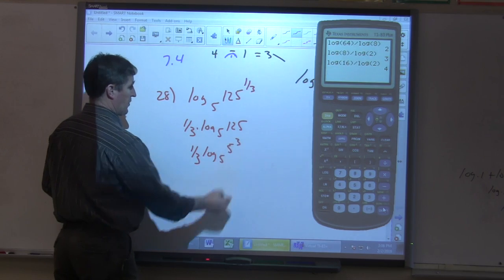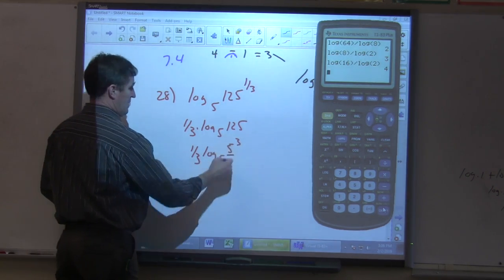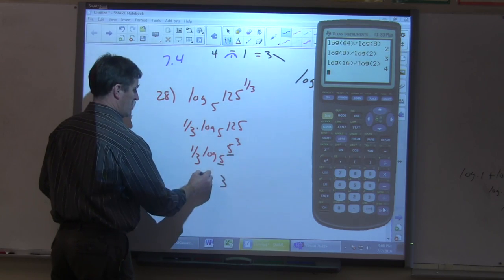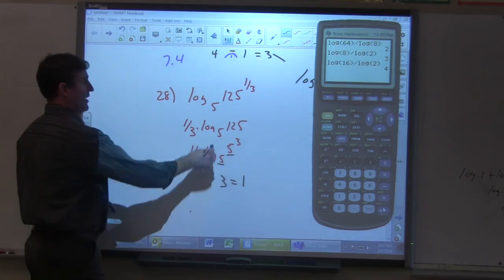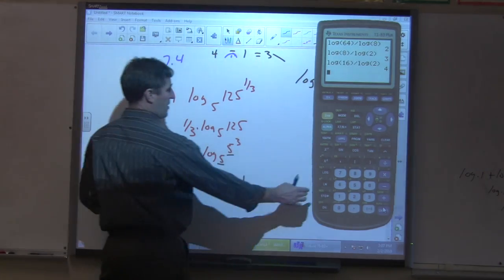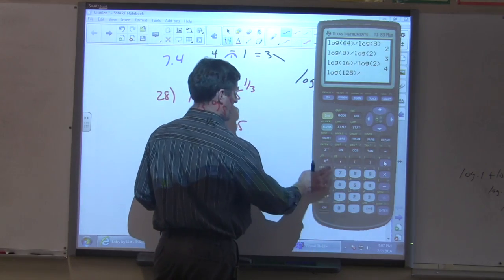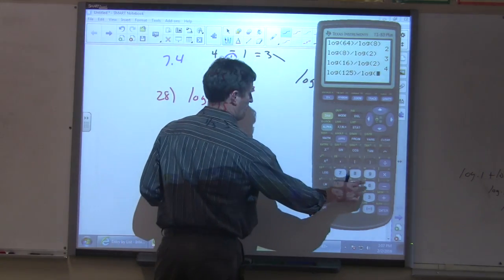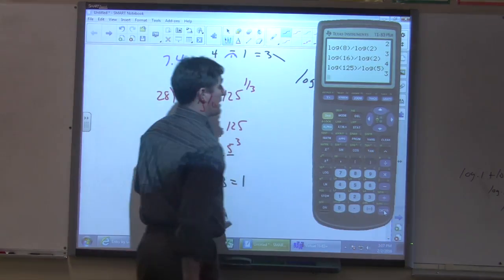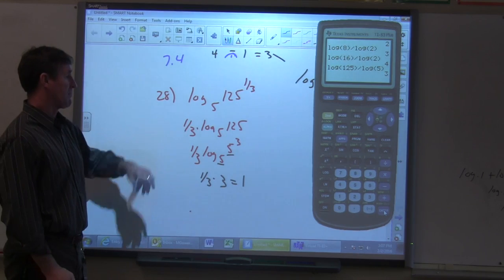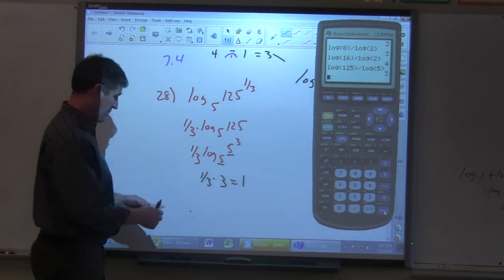That would be 5 to the 3rd power. So because this is the same as this, that becomes 3. And 1/3 times 3 is 1. Again, you could have used the graphing calculator here and gone log 125 divided by log 5. And gotten the 3 that way, and 3 times 1/3 would be 1. So again, just two ways you can do that one.